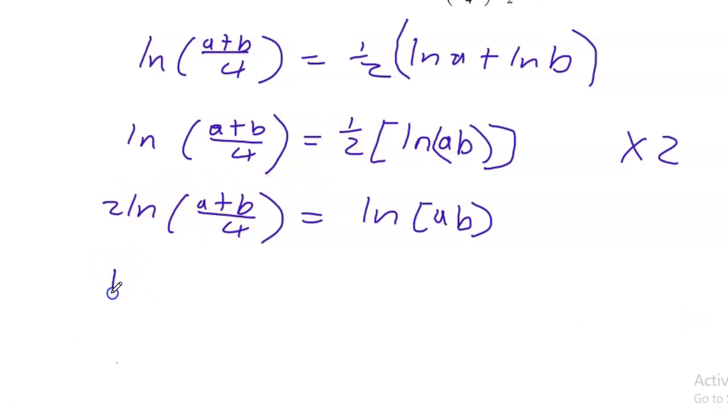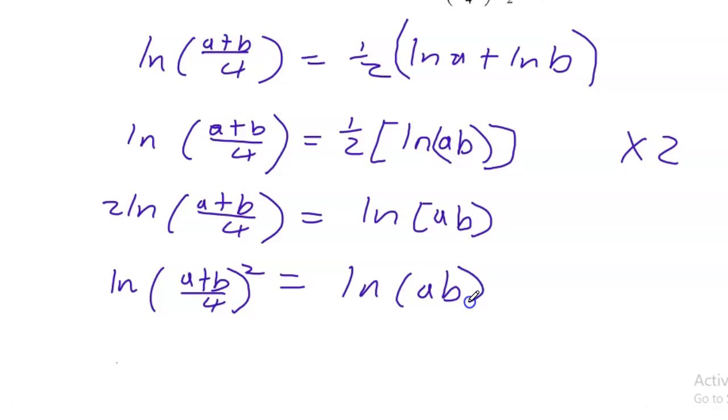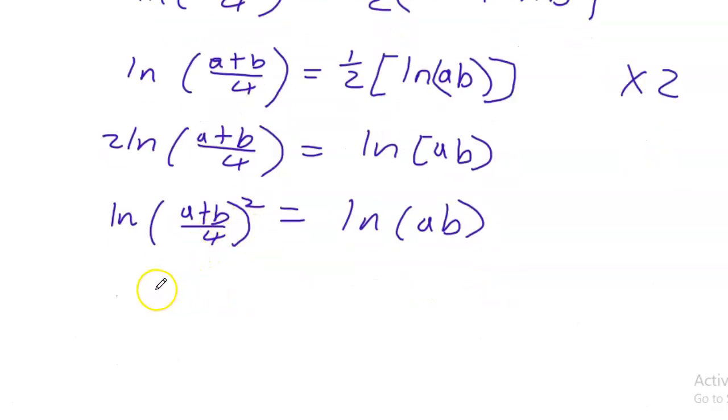So we can write this as ln of (a plus b upon 4) all raised to the power of 2 equal to ln ab. And of course now we can just drop the logs. So we have (a plus b upon 4) all squared is equal to ab.